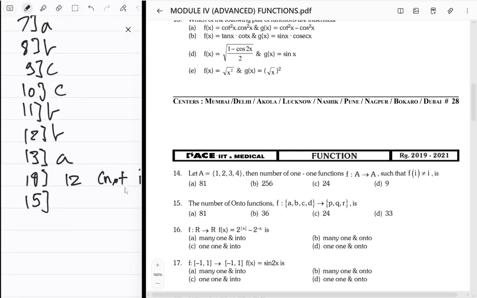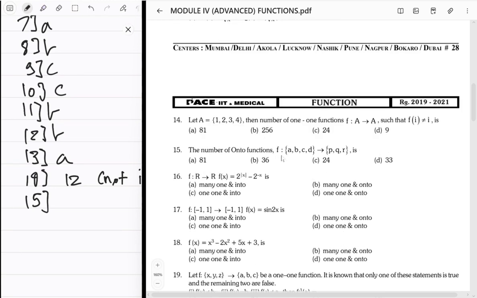Probably 14th is incorrect. They don't have 12 in the options. It should be there. Number of onto functions from A, B, C, D to P, Q, R. Okay. So A can be any one of these guys, and then B can be any one of these guys. Whatever. You just want onto functions, right? So P, Q, R must be completely used up. That's going to be some complicated thing.